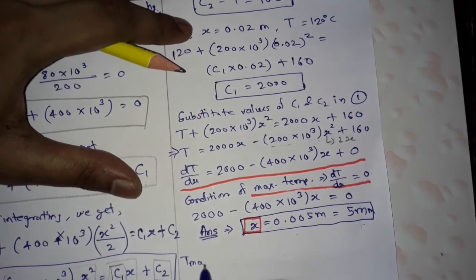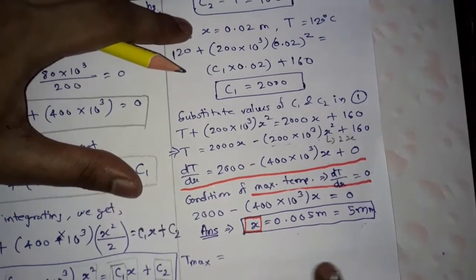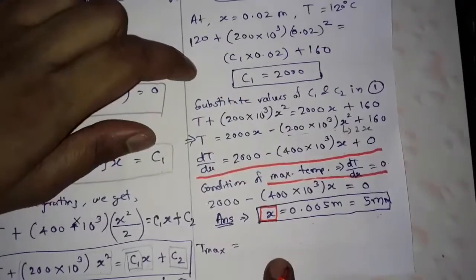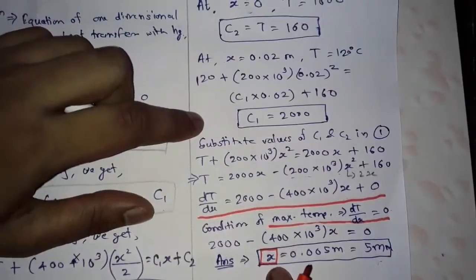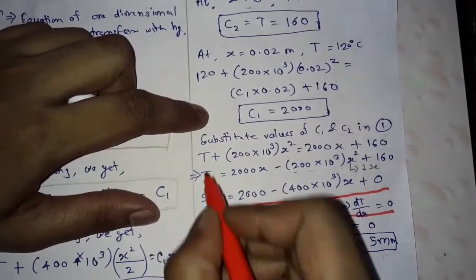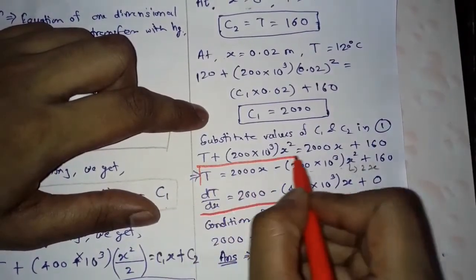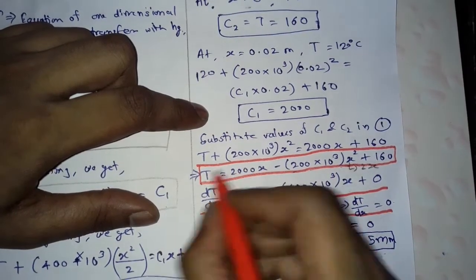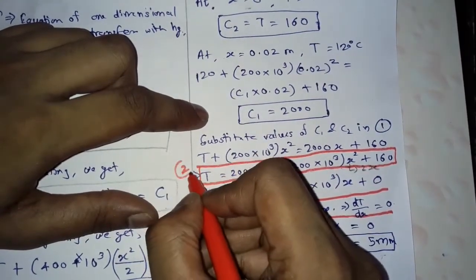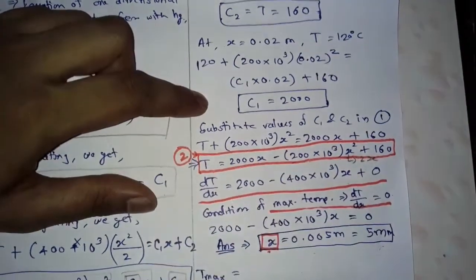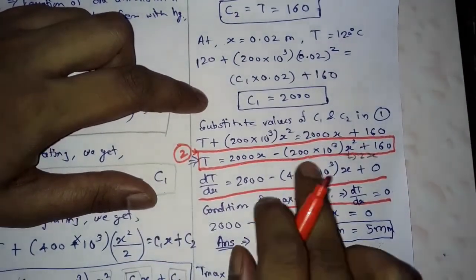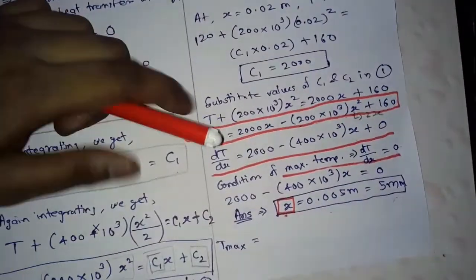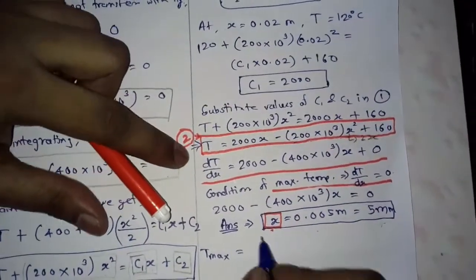So here T max is equal to, now we need to put our value of x in this equation, let's say it is equation number 2. In equation number 2 we need to put our value of x. So let's put the values first.